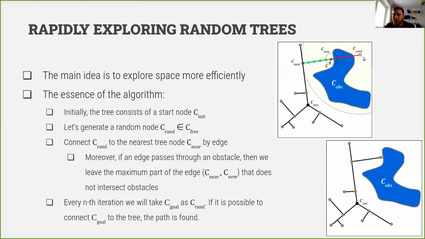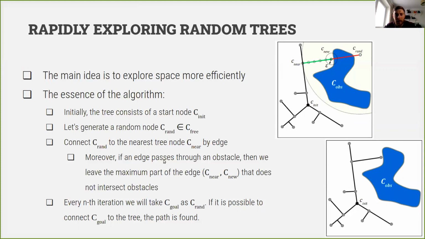But if there is an obstacle in between, and you can see this situation here, there is C rand, a newly generated node, and there is C near, the closest part of our tree which is already built. If we cannot connect it directly because there is an obstacle on the way, we take a new sample on this line, the closest sample to our tree, which is not crossing the obstacle.